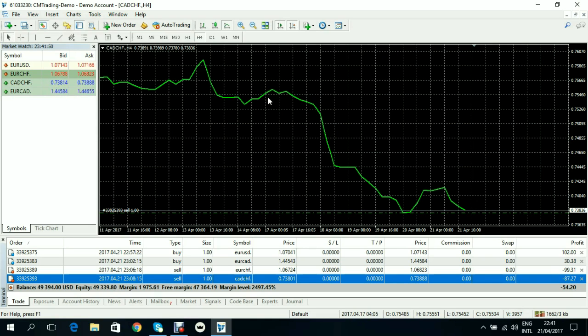All right, so let me take a bit of time to explain how to choose a currency pair or an asset properly in order to have a winning trade.